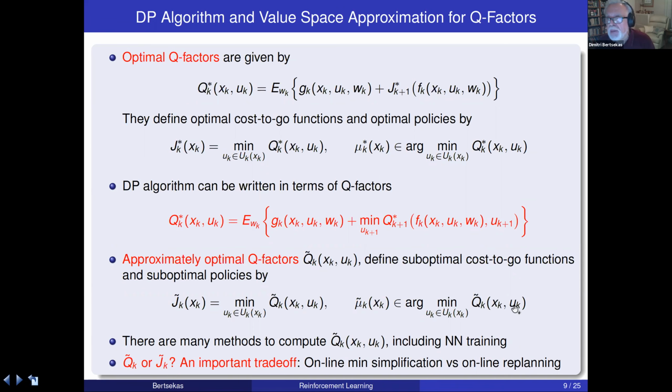It doesn't know anything about the new parameters. Whereas here, if you know J tilde, then when you calculate these expressions, you take into account the new givens, the new parameters, and you can do online replanning. Okay. Yeah, it makes sense now. Thank you. Okay, very good.